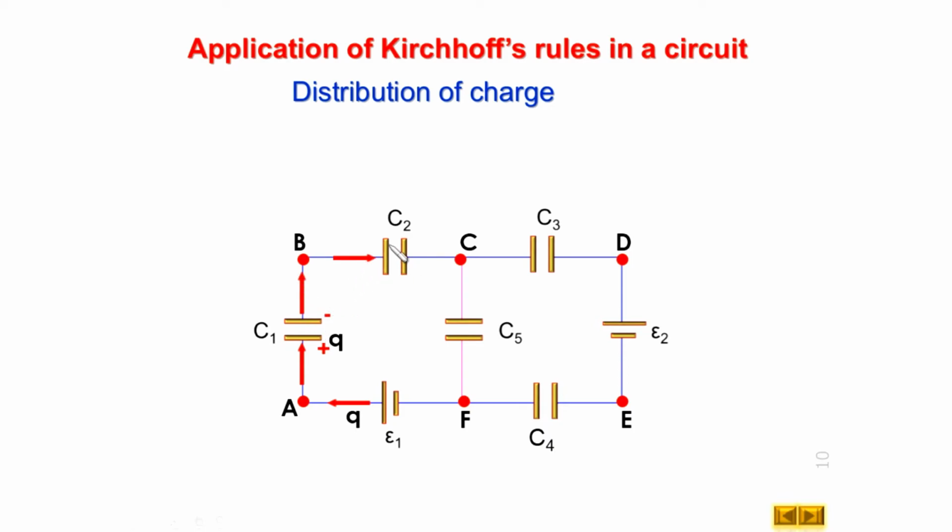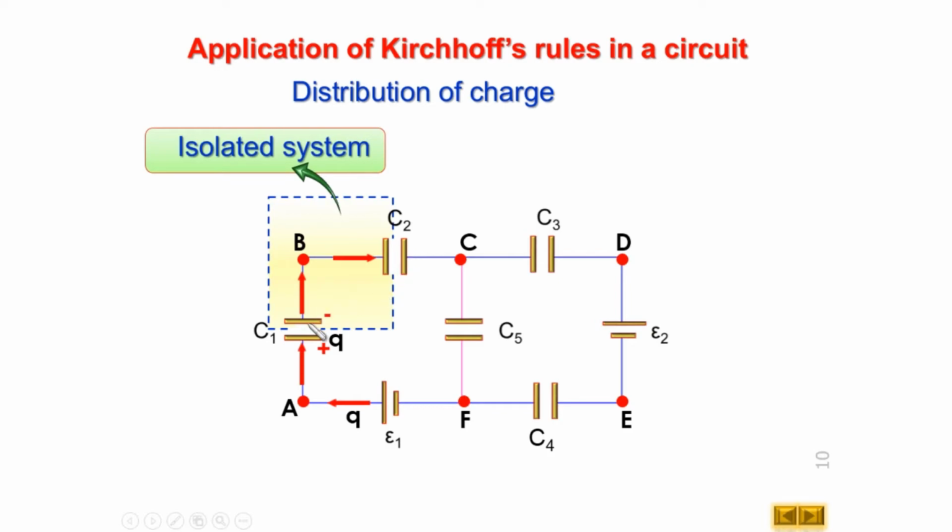Now we can observe here, this plate, that is the upper plate of C1 and the left plate of C2, is forming an isolated system. And we know in any isolated system the total charge should be 0 if the initial charge is 0, because we know initially these plates are uncharged. That means after supplying the charge through the battery also, the total charge of this isolated system should be 0.